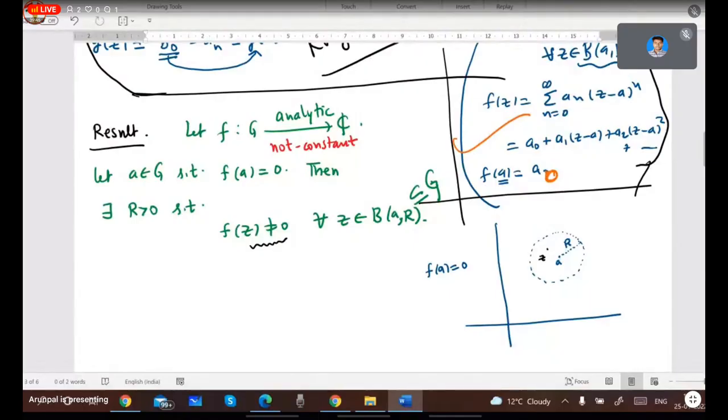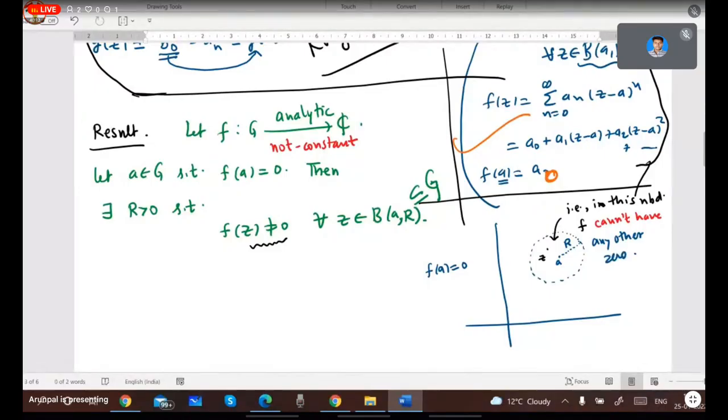It means, class, that in this neighborhood, f can't have any other zero. Yes, other than A.